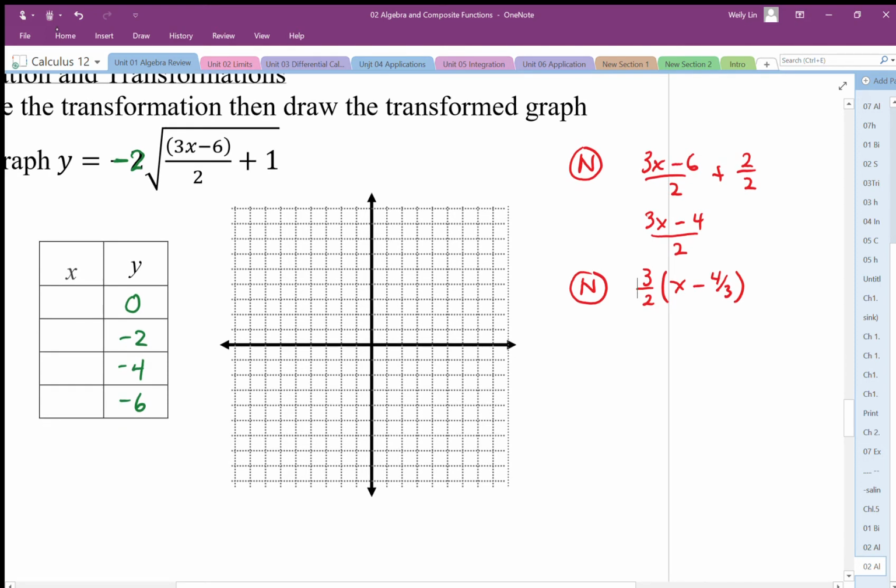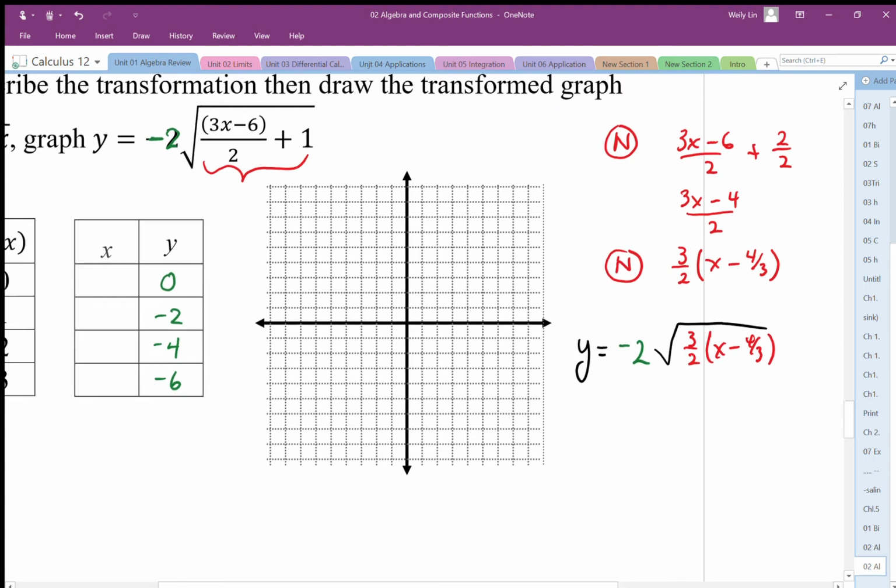So I'm going to rewrite this equation. I'm going to write this as y equals, okay, the -2 is on the outside. I've already dealt with that. Square root, and instead of writing this part here, all this is going to be converted into 3 over 2 times (x minus 4 over 3), factored form.